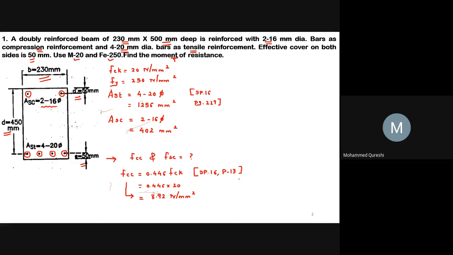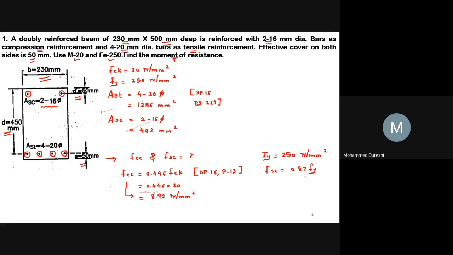Now, we have to calculate the value of fsc. Fy is given as 250 Newton per mm square. So, we may use the equation fsc equals to 0.87 fy.